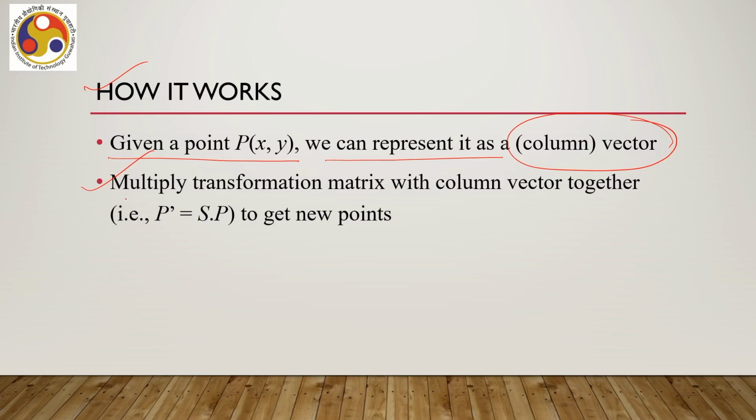Then we can multiply the transformation matrix with the column vector together to get the new point in the form of another column vector P dashed, which we can obtain using the transformation matrix S and the original point P. So, effectively the transformation refers to a matrix multiplication of the points which are on the surface of the object to the new points that ideally should be in the world coordinate system.